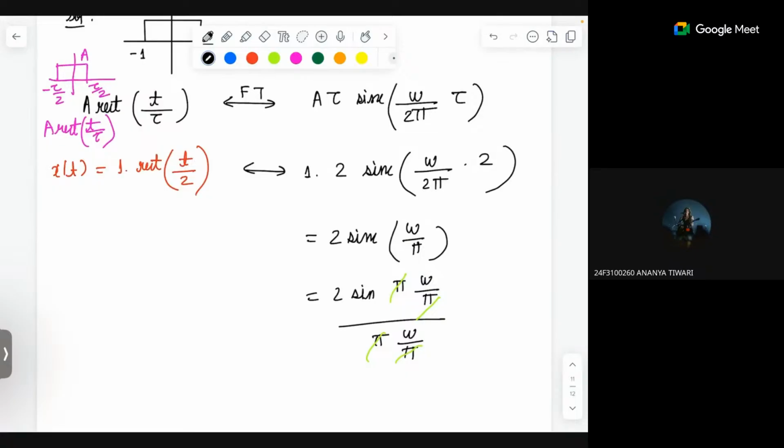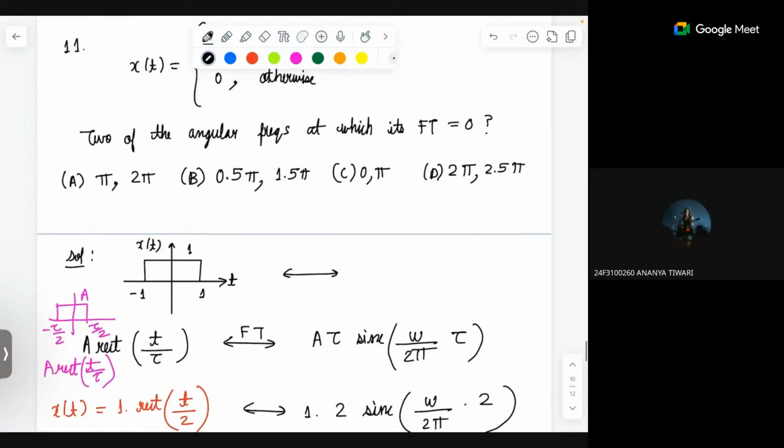Now we have sine omega in the numerator. So let us see option A, sine pi. What is the value of sine pi? 0. And what is the value of sine 2 pi? 0. So that means option A satisfies. Now let us also check option B. Option B is 0.5 pi, that is pi by 2.